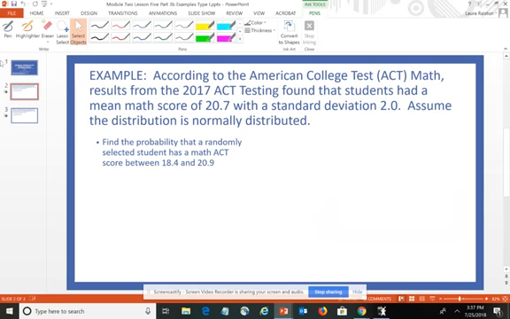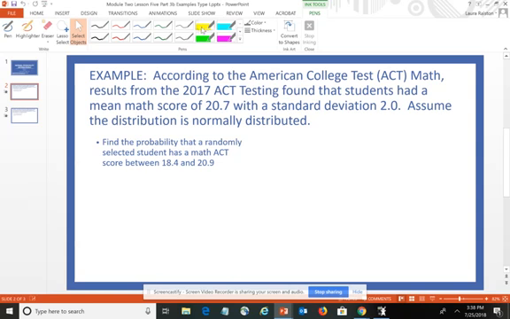We're using the same example that we had earlier. According to the American College Test, ACT Math results from the 2017 testing found that students had a mean math score of 20.7 with a standard deviation of 2, and assume the distribution is normally distributed.